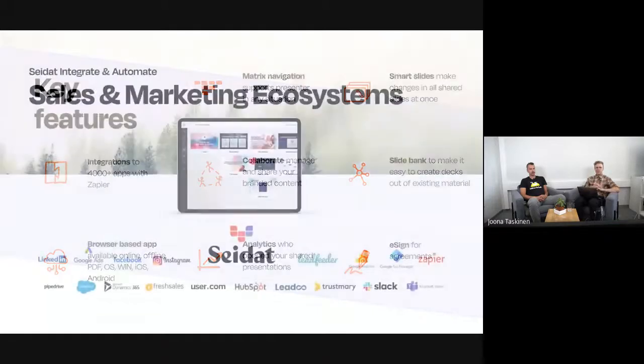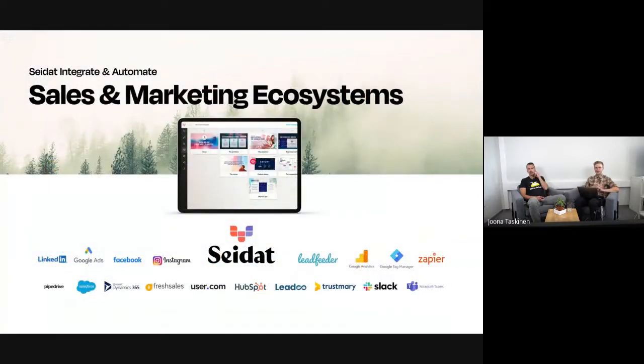And the last of this quick intro, at least quick in my point of view, is that we want to be a part of the sales and marketing ecosystems, and that means that we have to integrate to different tools. We've had the Zapier integration, that is an integration tool, for a while now, that a lot of our clients have been using for different tasks, and that allows integrating Seidat with thousands of different tools that you might be already using.